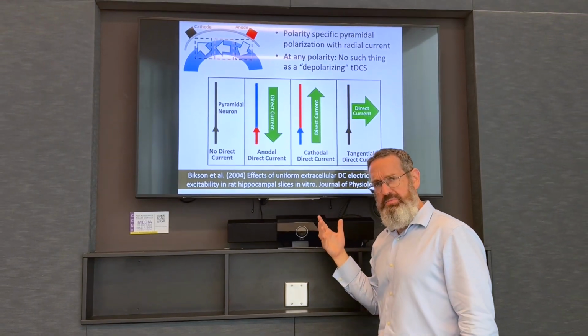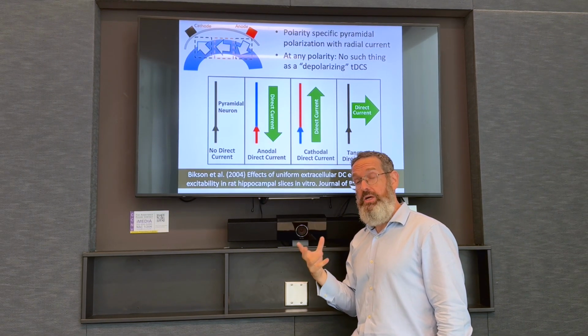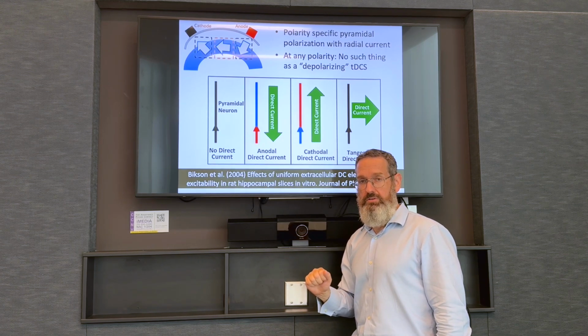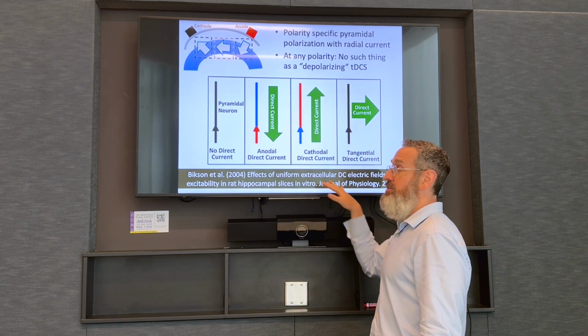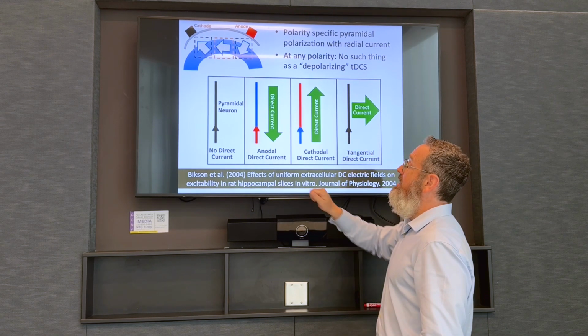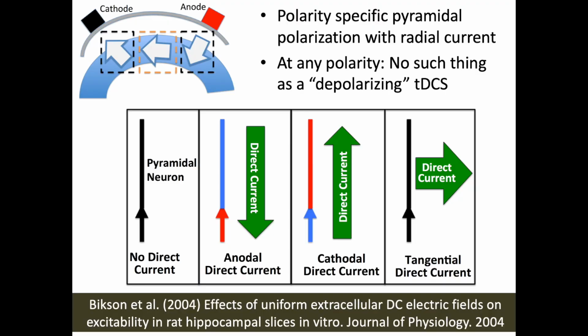A lot of these concepts, by the way, I'm going through maybe a bit quickly in a very high level. I've certainly dug into them more in my other videos, and I'm providing references for people who really want to get into the specifics. This is roughly how we imagine the current flow direction influences polarization.